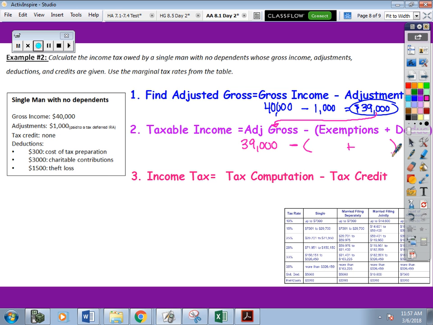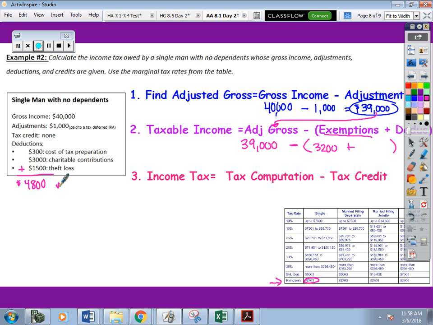So again, for exemptions, we go to our chart. Exemptions are $3,200 per person, and there's only one person in this scenario, single man. So $3,200. Now, deductions, we're either going to pick the $5,000 or we're going to pick the itemized deductions over here. So go ahead and add those up, and we'll get $4,800.